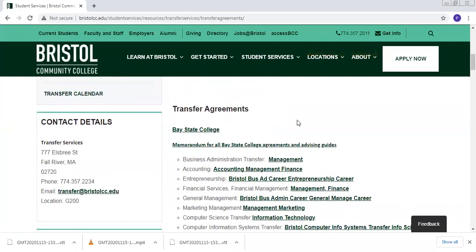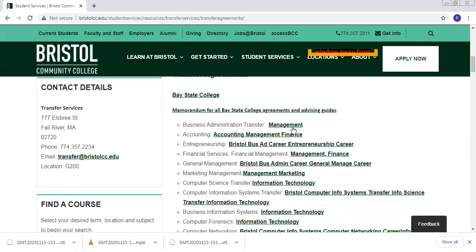I also want you to be aware that BCC has agreements with other schools that are not state schools. They're private schools. They may be in Massachusetts or out of Massachusetts. For instance, we have some agreements with Rhode Island College. We have agreements with other schools, okay?